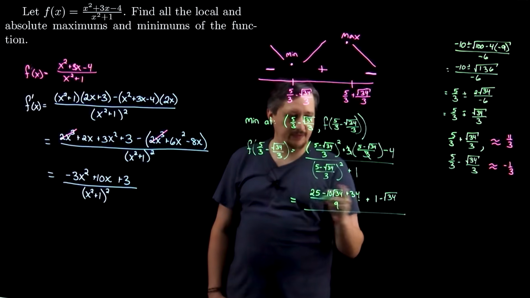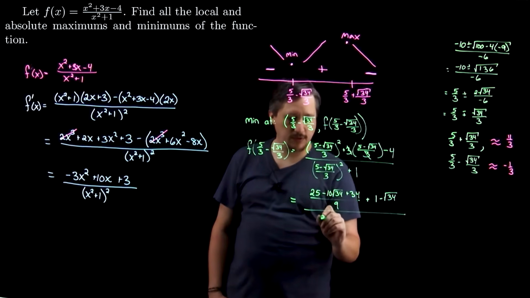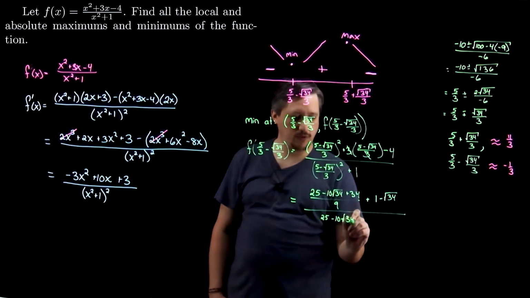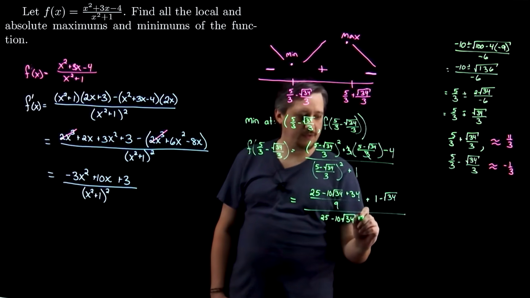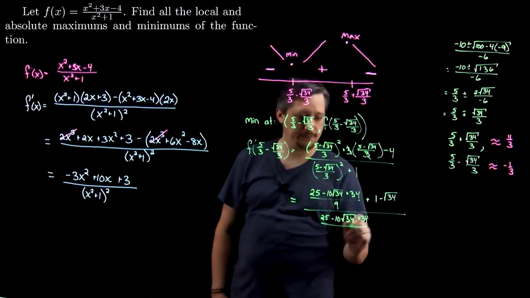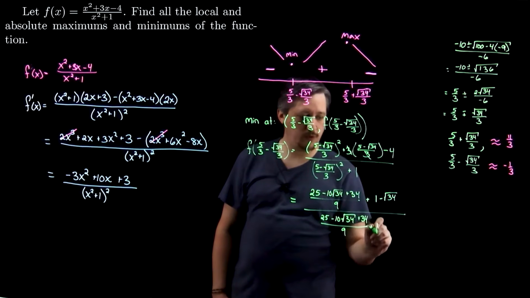So I'm going to get this thing plus 1. 25 minus 10 root 34 plus 34 over 9 plus 1.